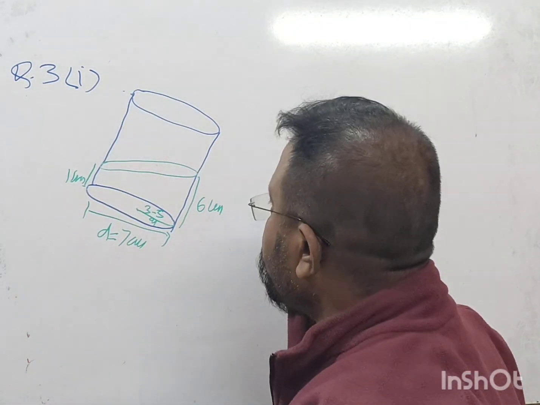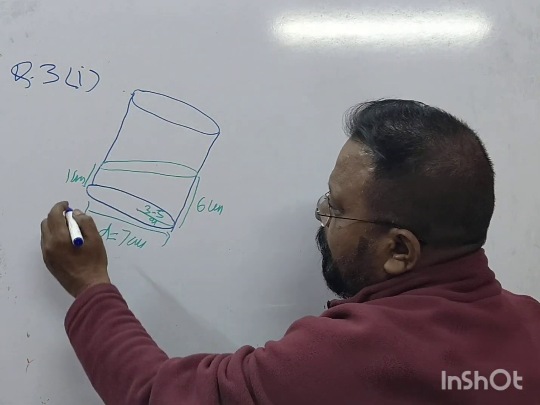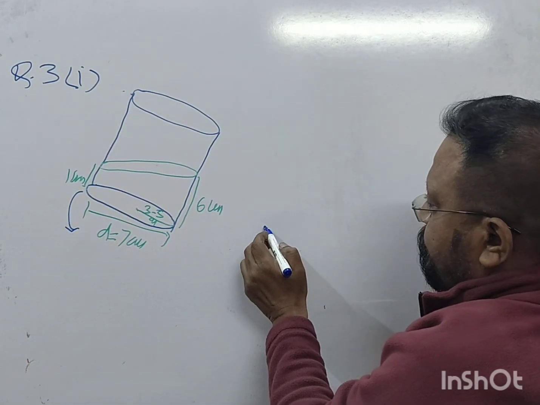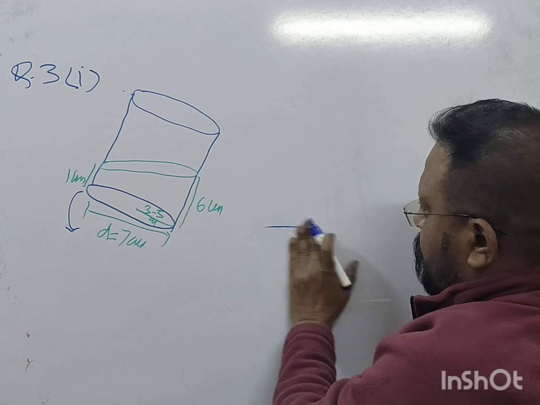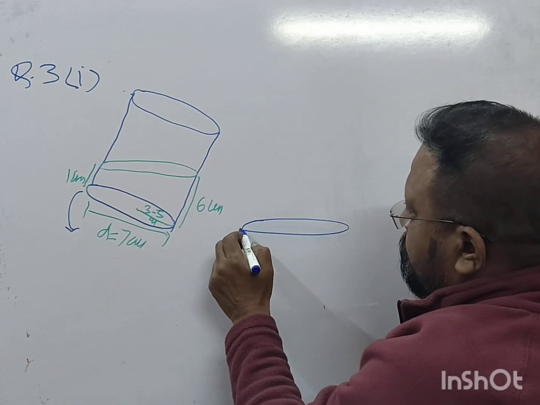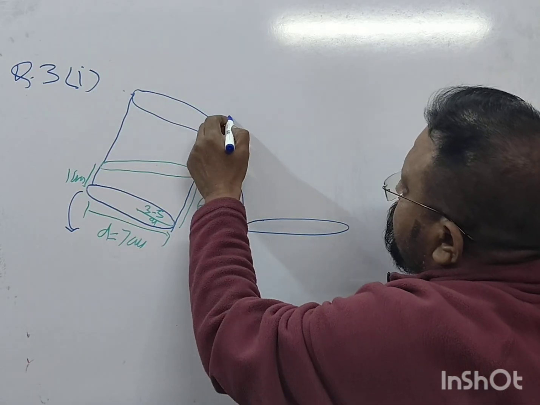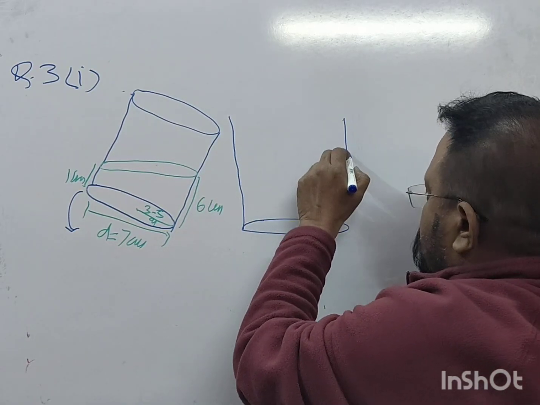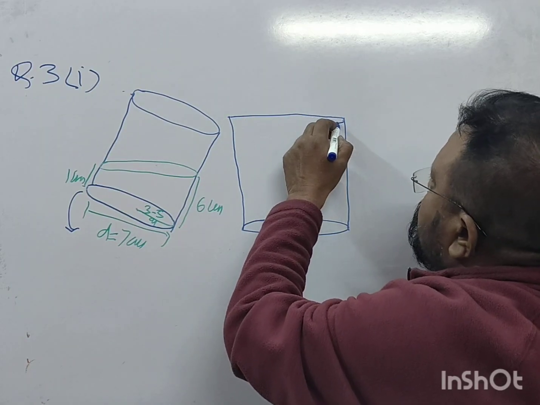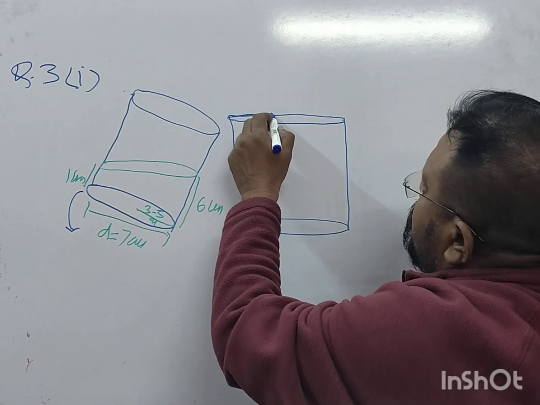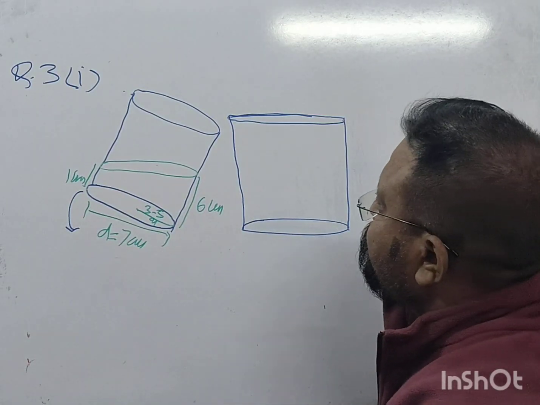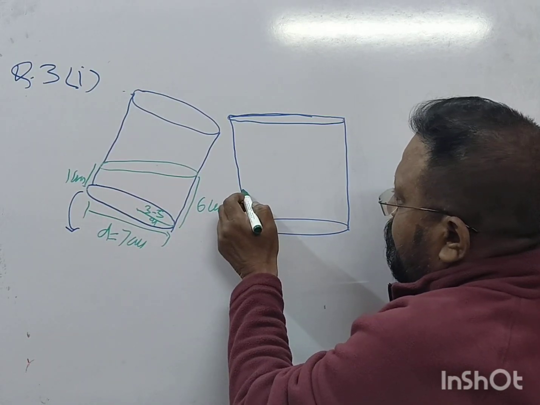When you put it horizontally, when you bring it down and you place it like this, say water comes to here.